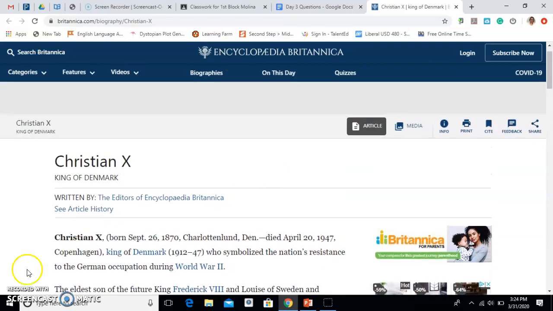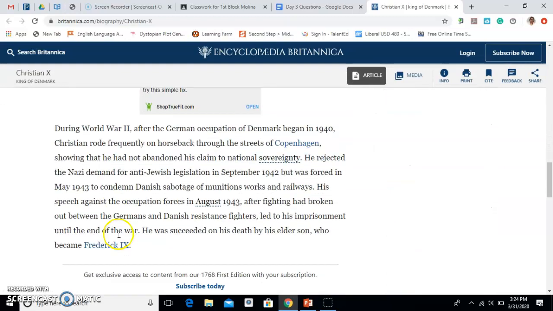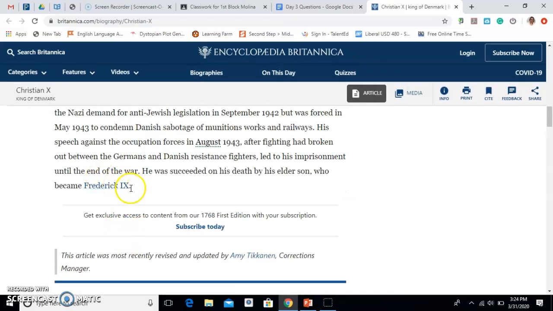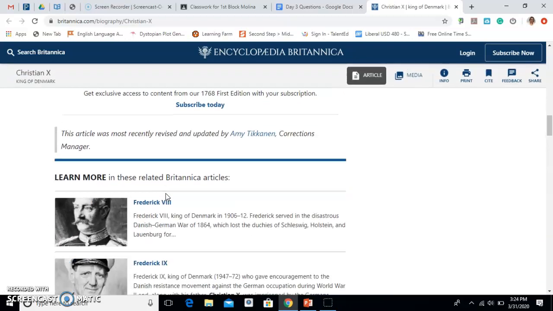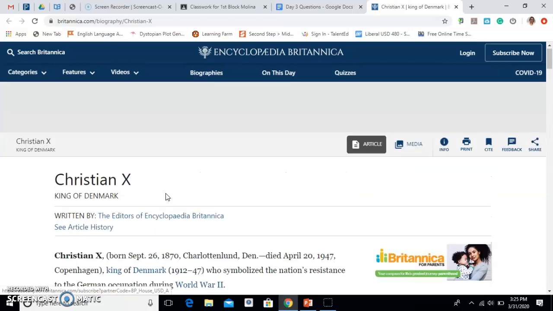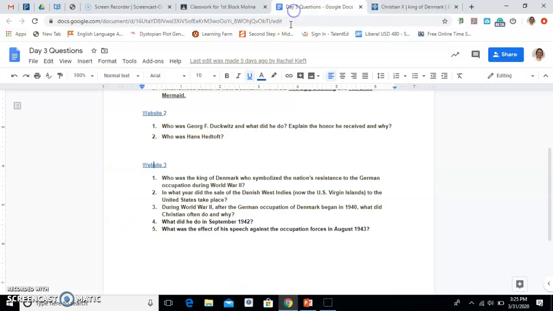So you just need to start right where it says Christian X, and it actually ends where it says Frederick. Okay, so it's a super small read, and that's where you will get all of your information for the questions concerning Christian X for website 3.